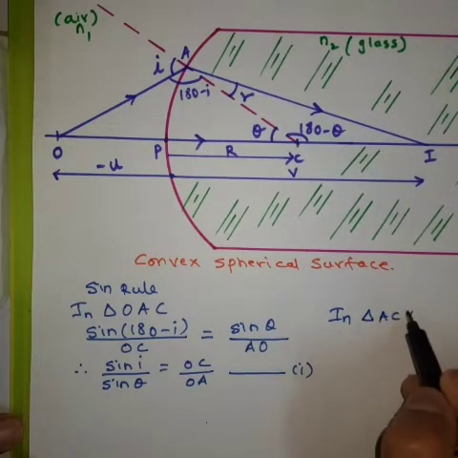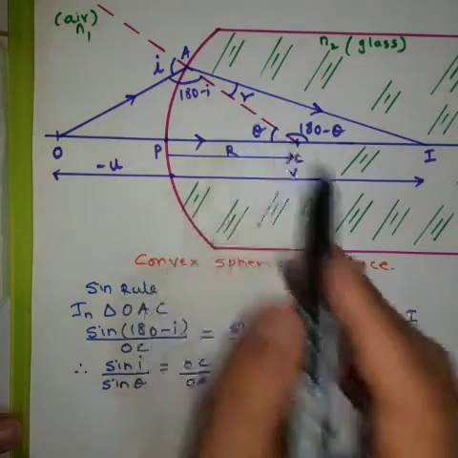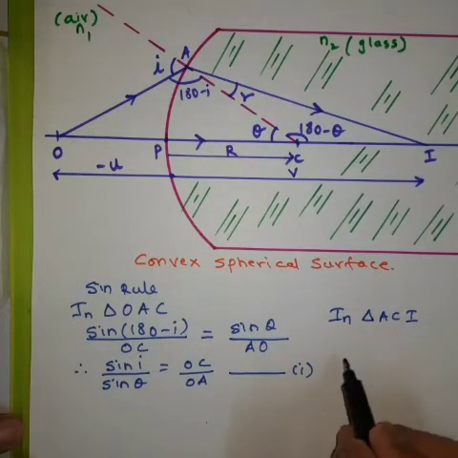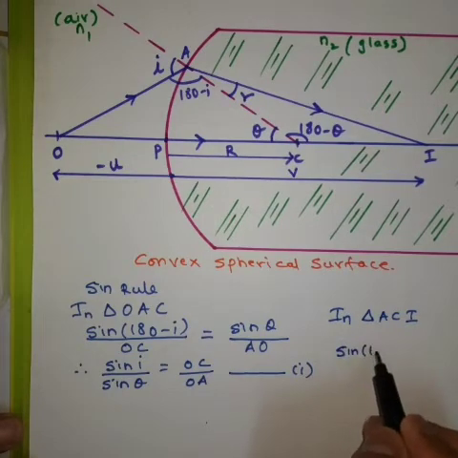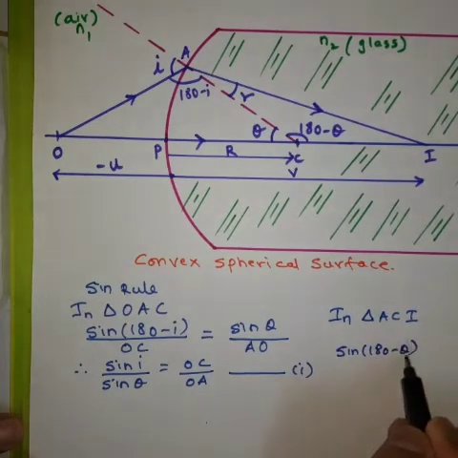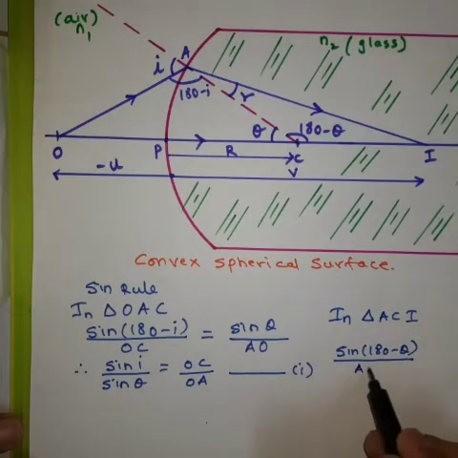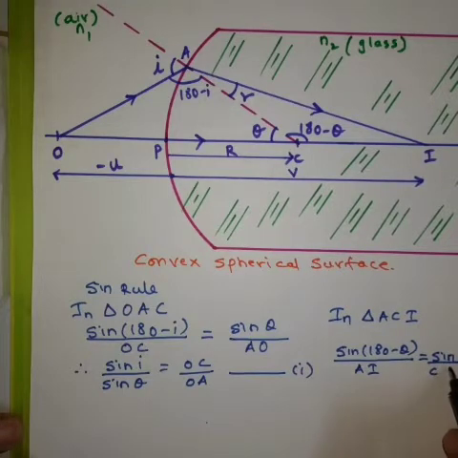We have to select triangles in such a way that there should be angle I and angle R. So if I take triangle ACI, I apply the same concept and I get sine of 180 minus theta upon AI equals sine of R upon CI.